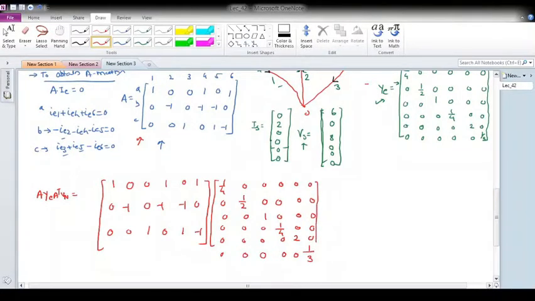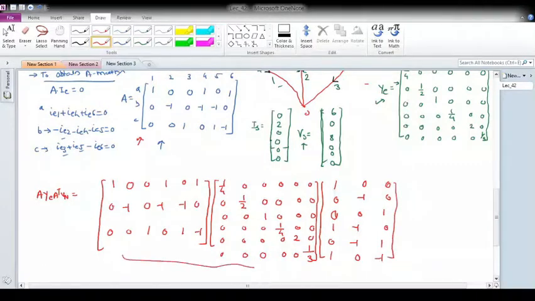Then multiplied with its transpose, which will be 1 0 0 1 0 1, then 0 minus 1 0 minus 1 minus 1 0, and then 0 0 1 0 1 minus 1.